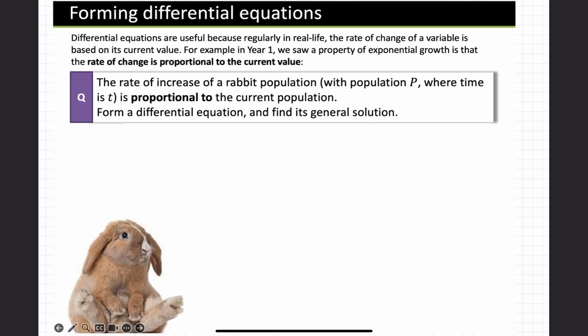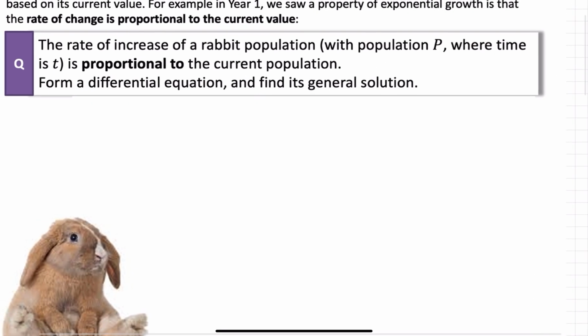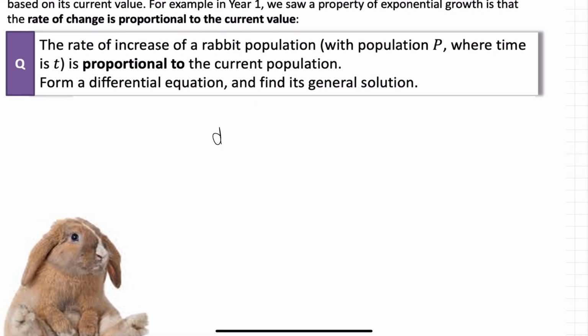So the change in population with respect to time is proportional to the current population. In other words, the change in population with respect to time equals a constant k multiplied by the population.